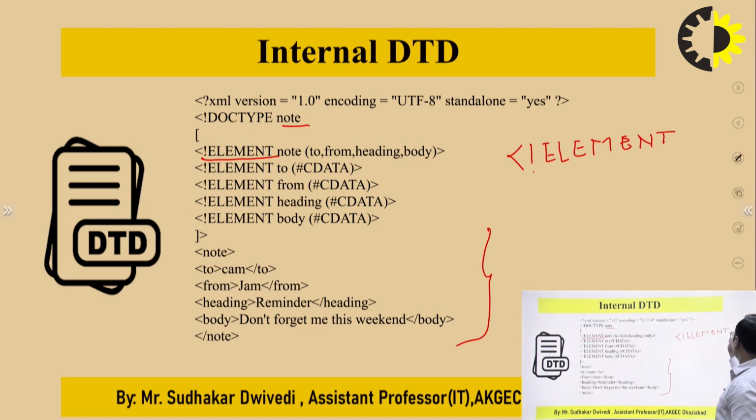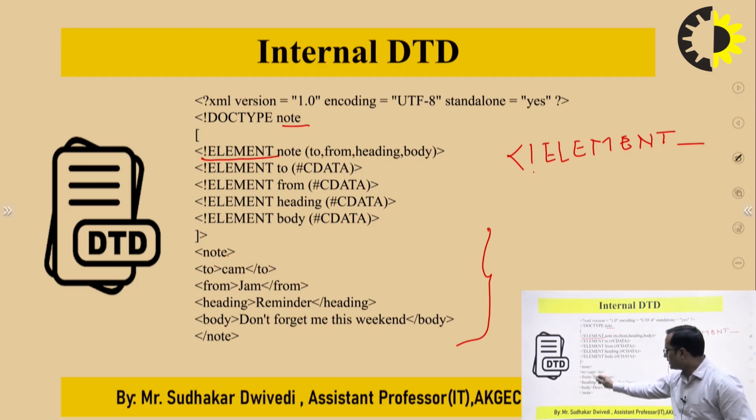So the first element in our document is the note element, and then the description. The description is to, from, heading and body. All these are just inside the note element.